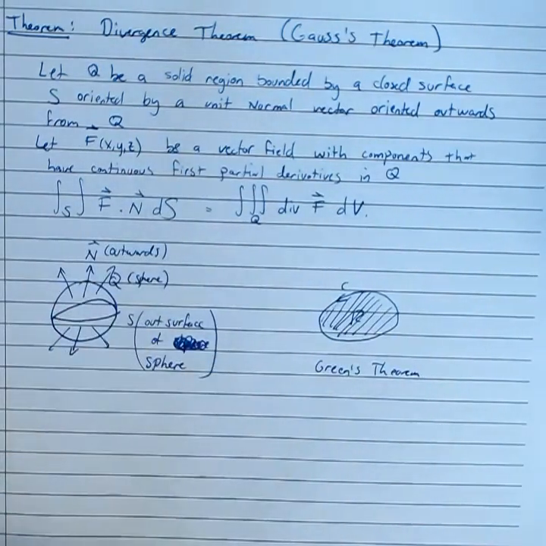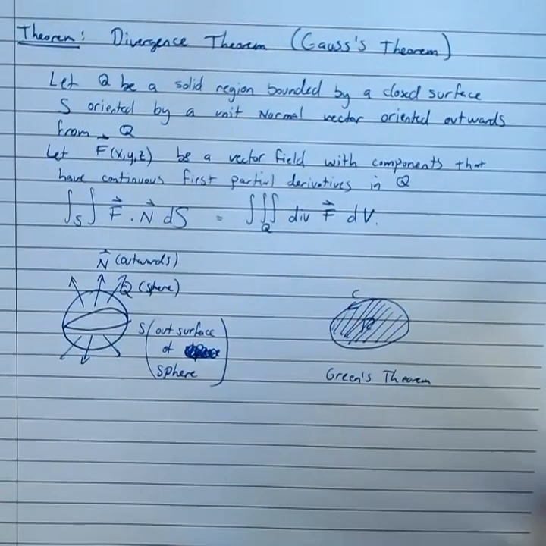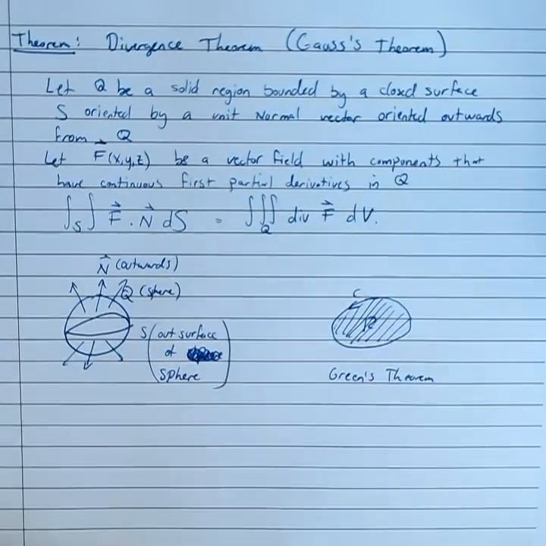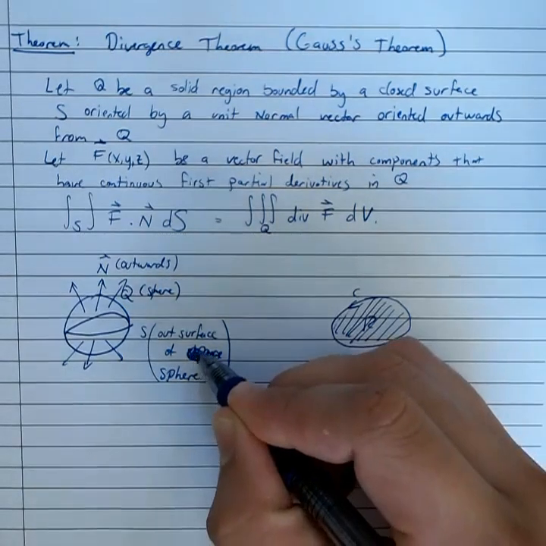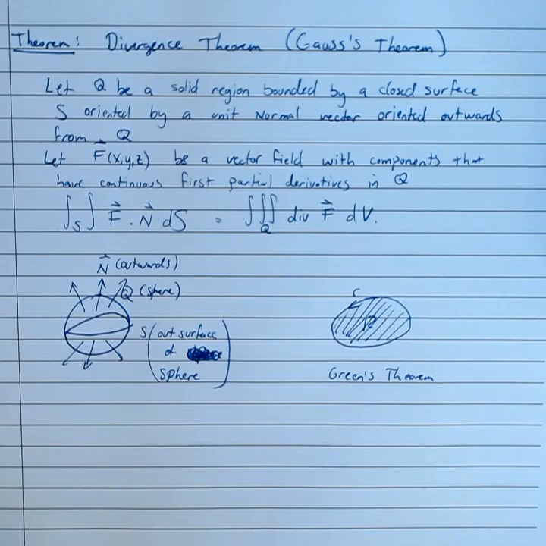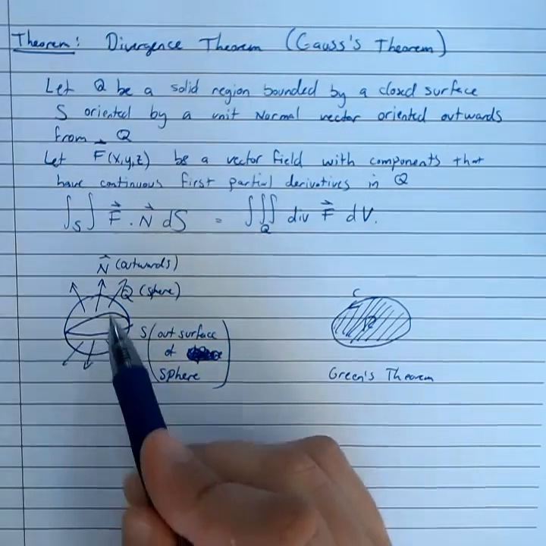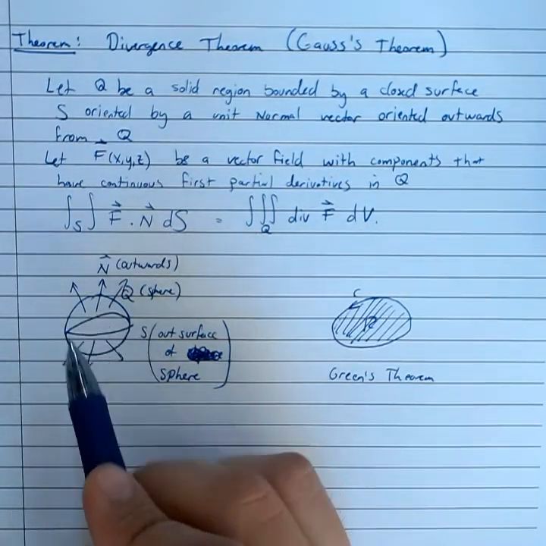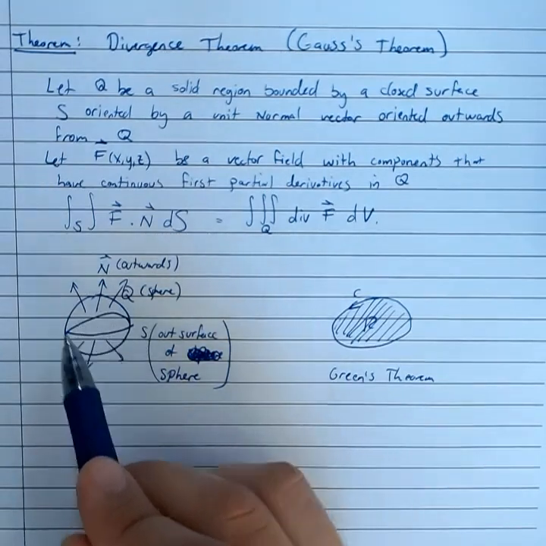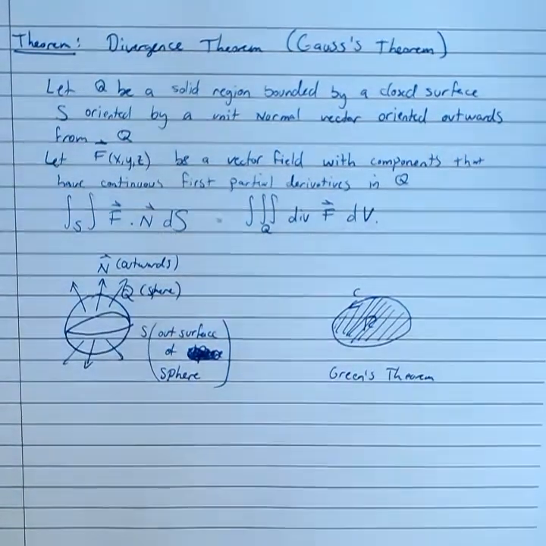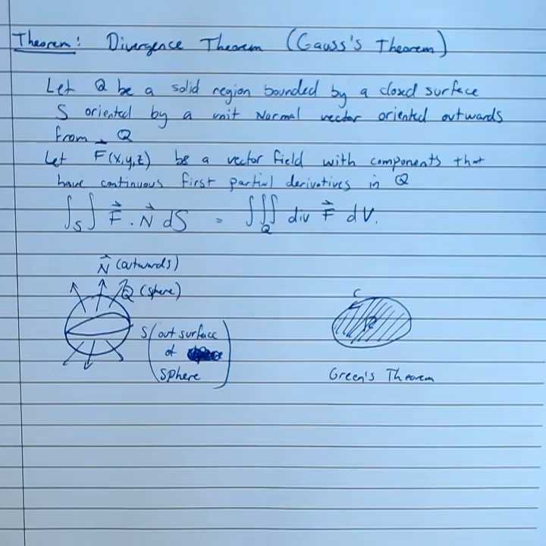The proof of this one is a bit more advanced than what we're ready to do in this course. Anyone who goes on to higher level analysis will see a proof of the divergence theorem. Any proof which we could see at this level would be very incomplete. At best, I could prove it for this sphere, because the sphere is nice and simple, but anything more complicated than that is just not accessible to us.